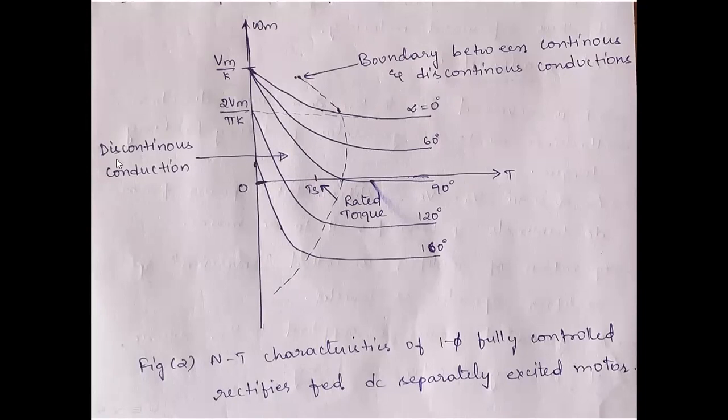The discontinuous mode is shown here up to 2 Vm by pi k. See here, the boundary exists. After that, for alpha equal to 0, 60, 90, 120, 160, see what happens. The rated torque will be Ts, the maximum value will be Vm, and the average value will be 2 Vm by pi k.